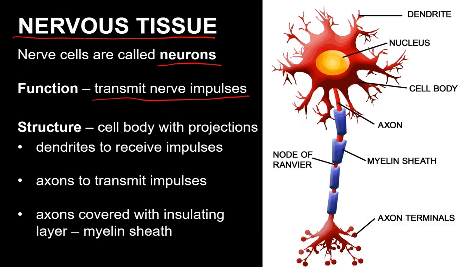The structure: neurons have a cell body, that's this top part here, and it's got lots of little projections. And the projections are called dendrites. And there are lots of dendrites, and you can think of a neuron as a really skinny little guy who had an electric shock, so his hair is all standing up.